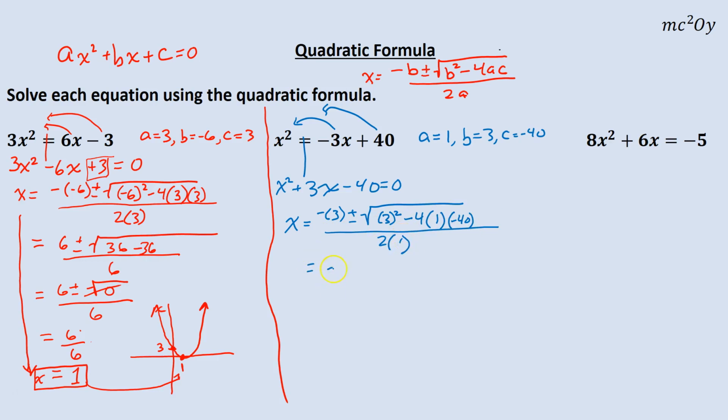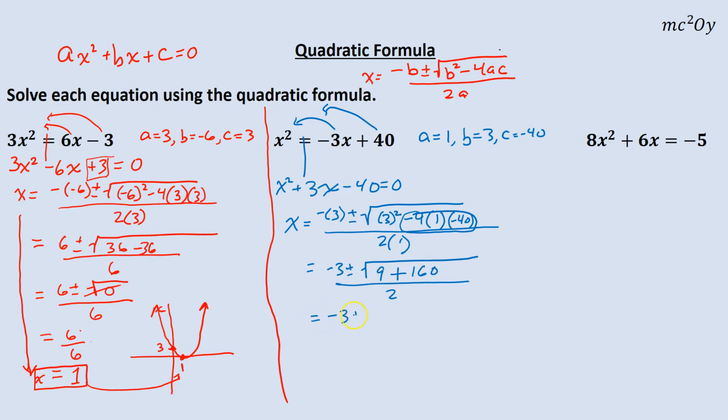So we get negative 3 plus minus square root of 9, and then negative times 1 times negative. Notice this piece right here, that's a negative times positive times negative, which is going to be plus now. It's going to be plus 160, all over 2 times 1, which is 2.